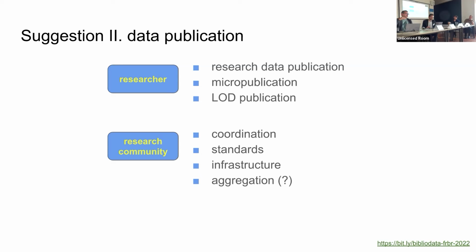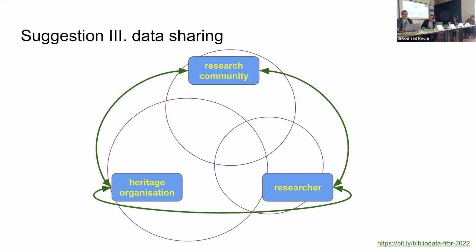And also this infrastructure might contain an aggregation platform. So I can imagine a European or individual subpart which aggregates information about book-related knowledge. And last but not least, sharing of data and making it available to each other.